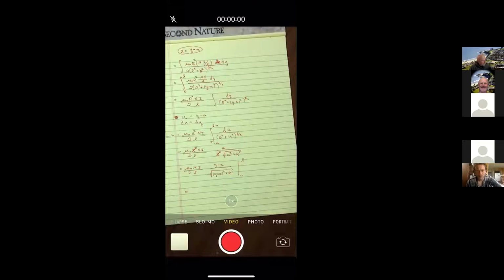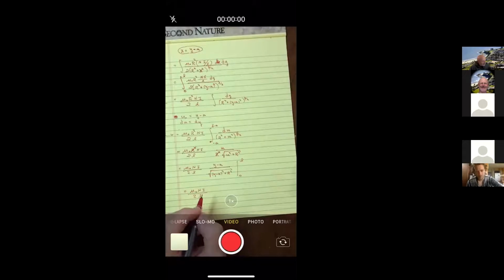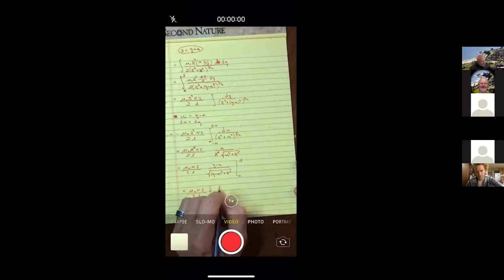So I'll start writing mu naught N I over 2L. Oh, finally my video is showing. And now I can put this in as L minus a over the square root of L minus a squared plus r squared, minus, and then put in my 0.